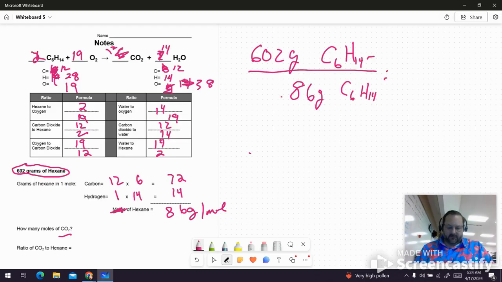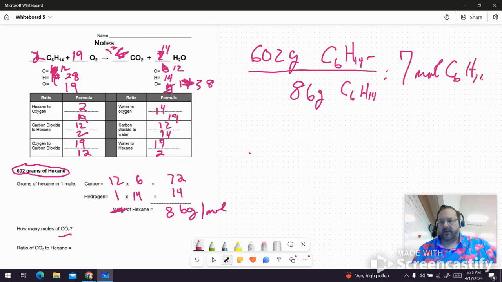I'm going to do that because I'm trying to find out how many moles I have. I know I have this many grams. I'm going to divide by how much 1 mole weighs. So 602 divided by 86 tells me that I have 7 moles of C6H14. 86 times 7 is 602. So now I know that I have 7 moles.